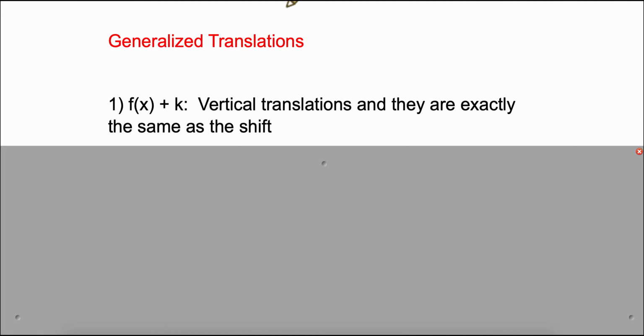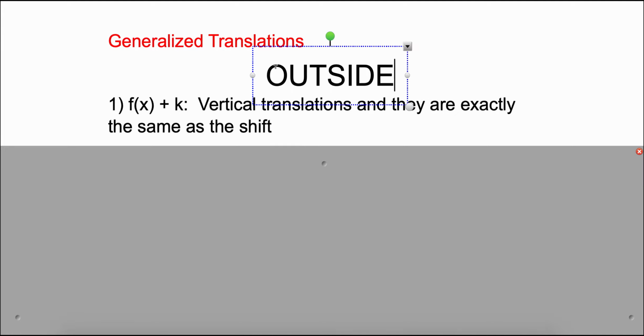So let's type that down in here. These are outside shifts. Boom, nice and big. Because I'm adding on the outside, and when I add on the outside, it does exactly what I think. It shifts it up k units. If I were to subtract it, it would shift it down. So anything on the outside is exactly like I think it is, and it's a vertical translation.